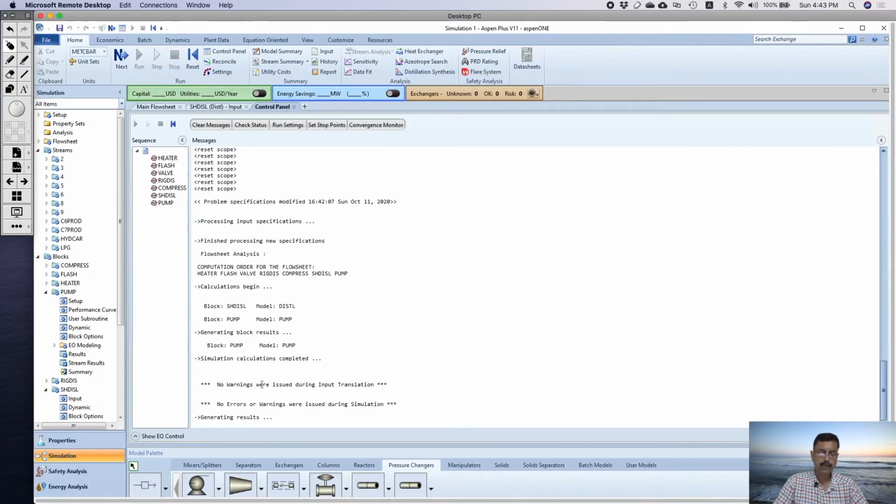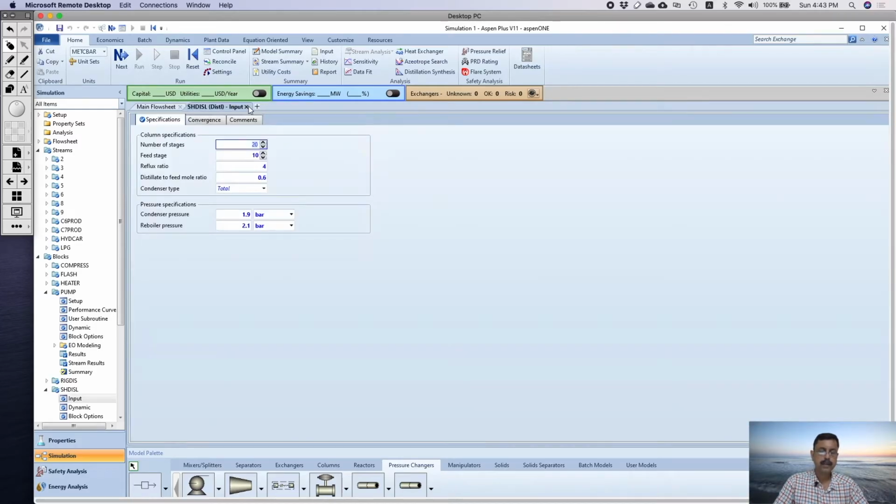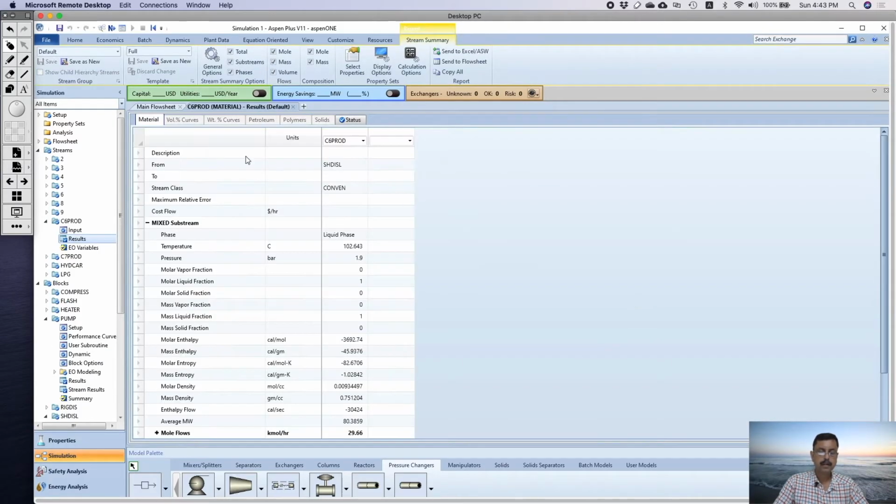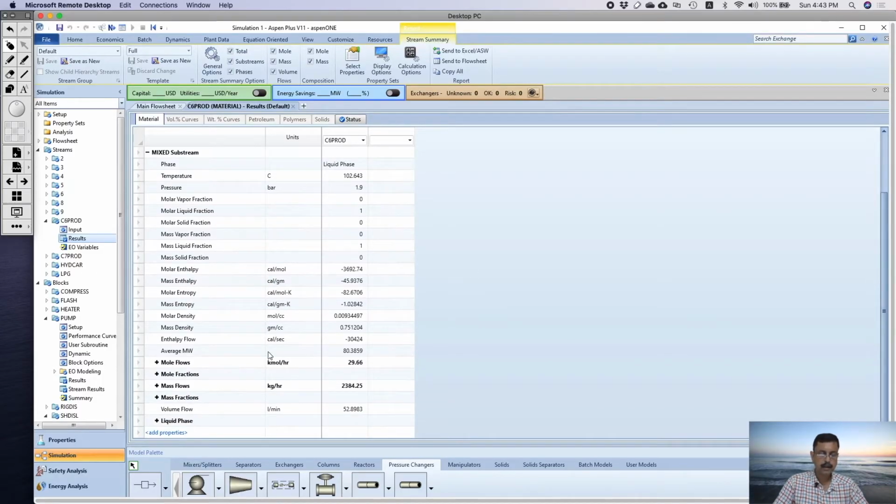Again, there is no error and warning. We can check now the output. What is the specification of the C6 product? So we can double click. This is the result. You see here the molar flow is 29.66.